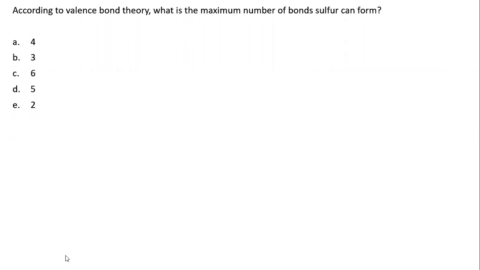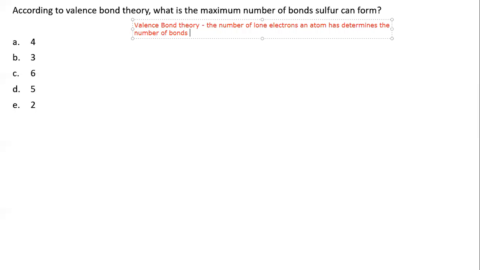So valence bond theory, kind of a summary of what that says: the number of lone electrons that the atom has determines the number of bonds it can form. So this is based on the lone electrons.